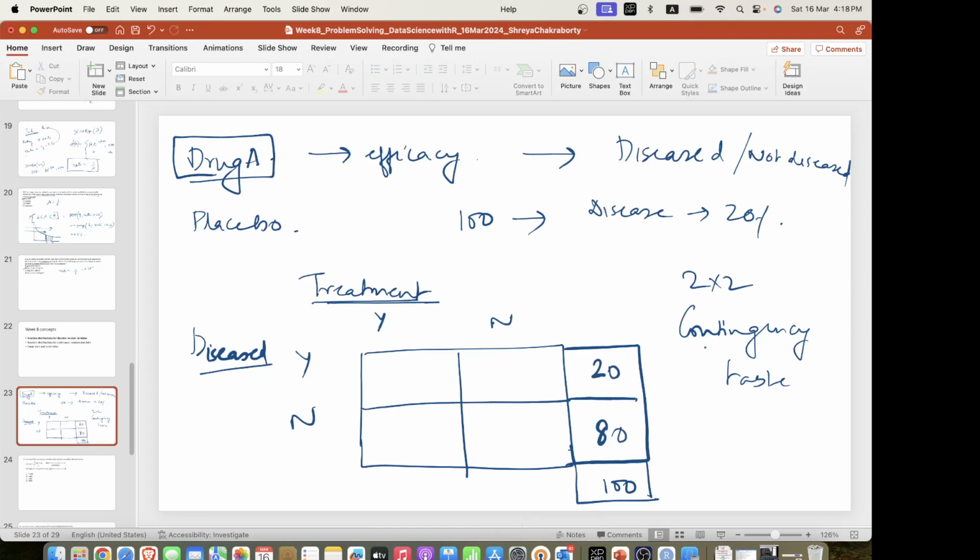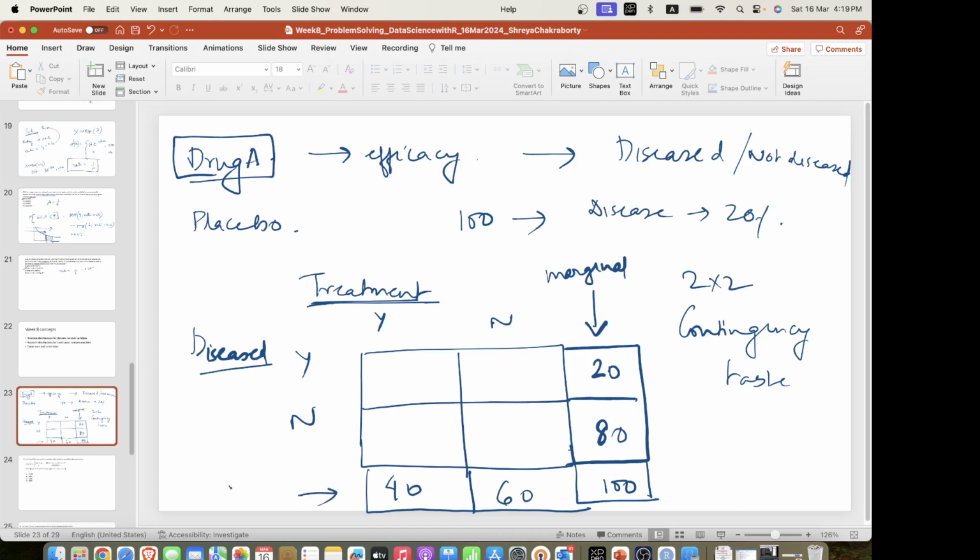And I am administering this treatment irrespective of your diseased condition in a 40-60 manner. So 40% I am going to give the treatment, and 60% I am not going to give it. So then these are actually my marginal distributions.